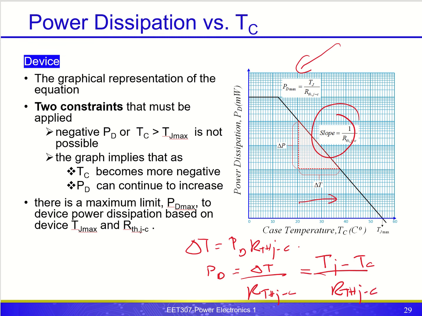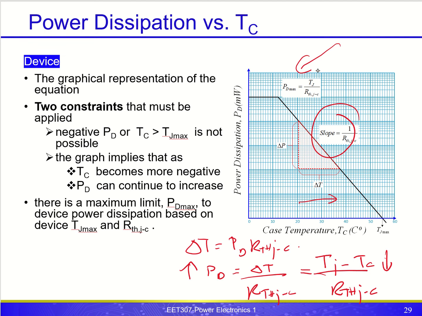What happens if the value of TC is reduced? What happens to the value of PD? The PD will increase.